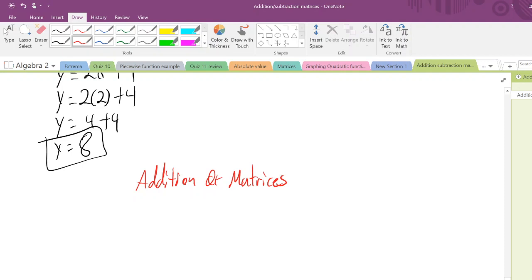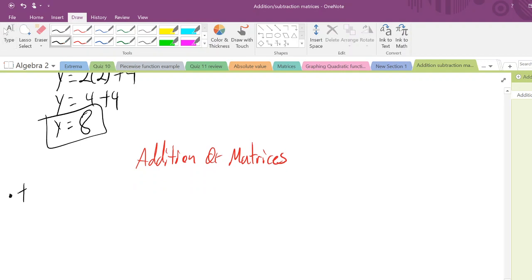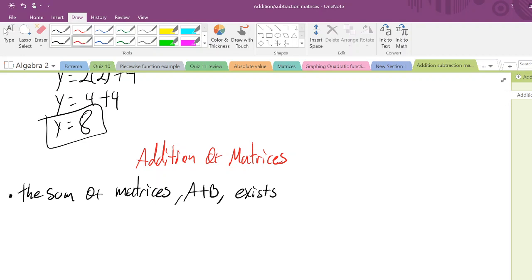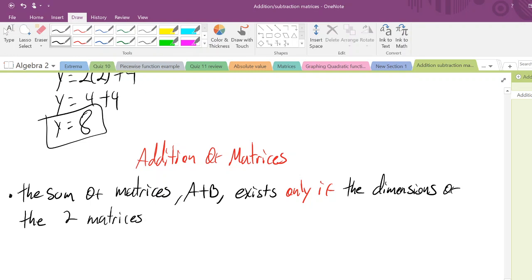Something that you need to know: the sum of matrices A plus B exists only if the dimensions of the two matrices are the same.